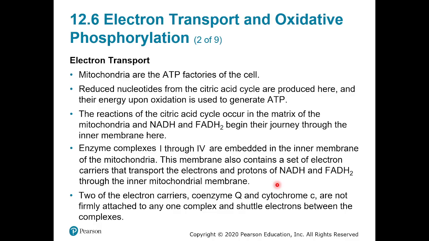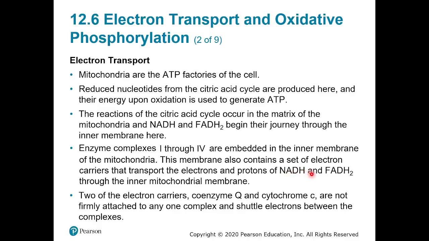And they're going to contain a set of electron carriers. These are going to transport the electrons, which will then pull the protons through that membrane. And those are going to be the electrons and protons we were talking about moving onto the NADH and FADH2s. Remember how we kept saying like NADH and H+? That's that.